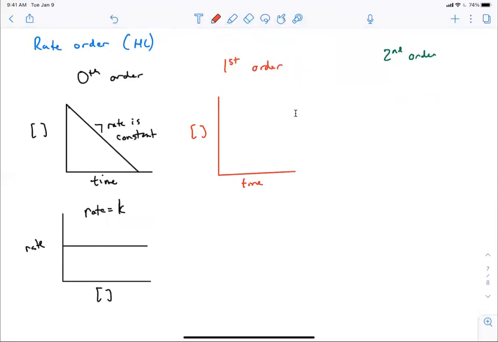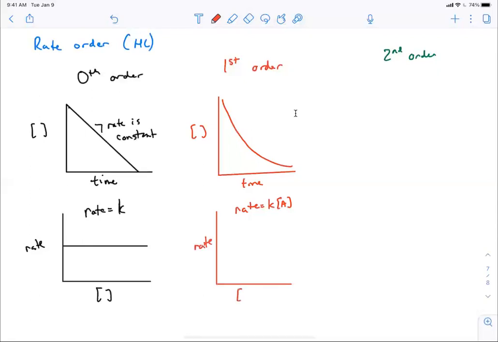In a first order reaction, the concentration does affect how fast the reaction occurs. And the lower the concentration, the lower the rate at which it changes. And so when you graph this, you think of it as rate equals k times [A].